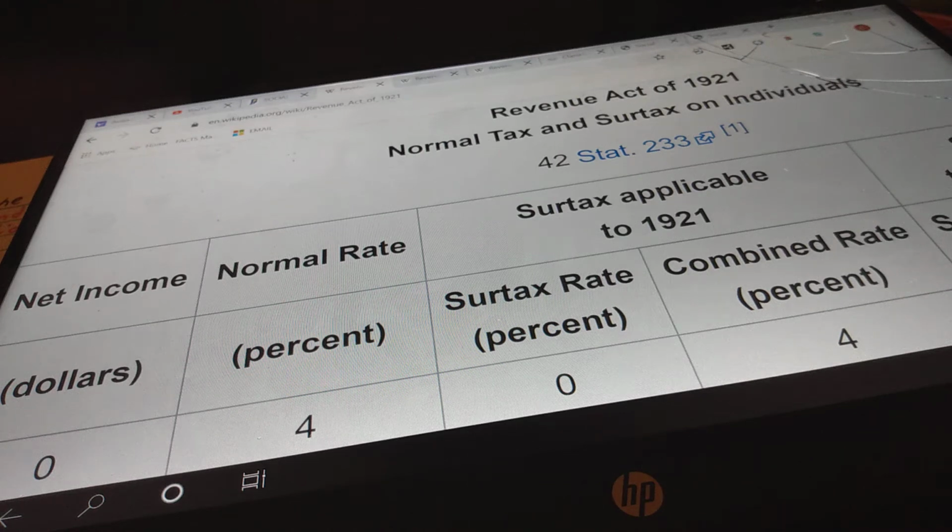Hey guys, this video is the second part of Andrew Mellon and his tax plan. I'm going to show you some charts. This all has to do with Andrew Mellon and his tax plans.